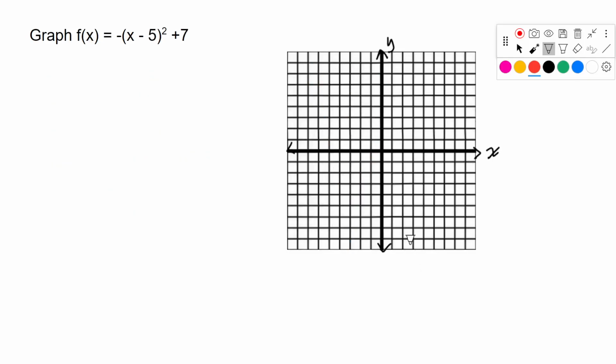Let's take a look at another one. This one is going to have a horizontal shift to the right 5 units. And up 7 units.